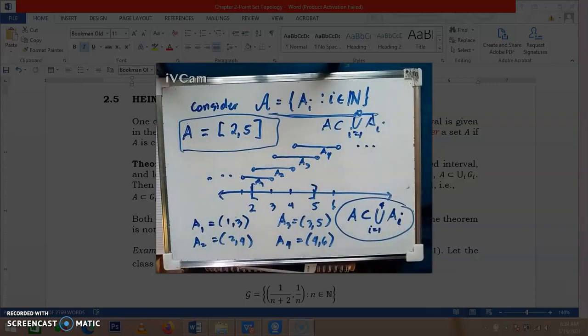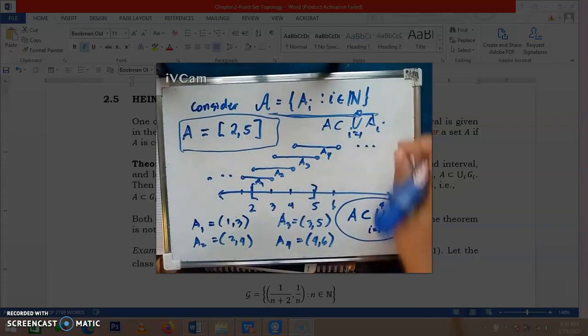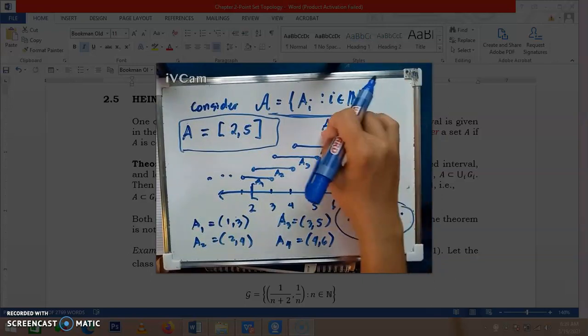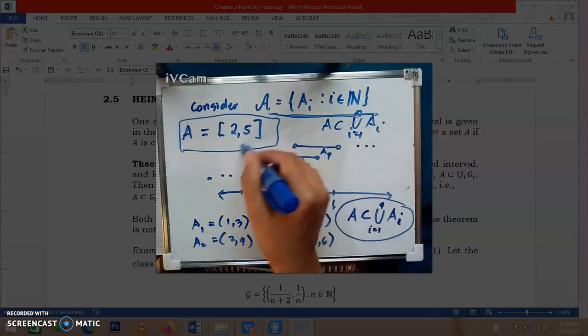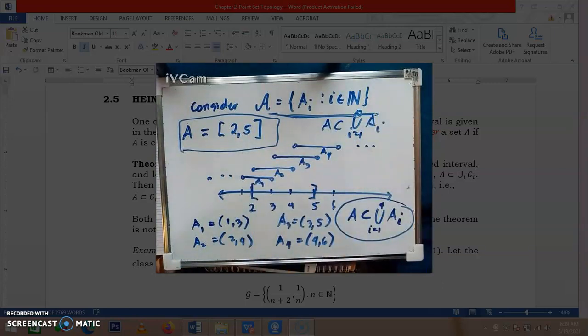Infinite na siya, open covers. So this class of sets covers the set A. Then we can get the finite subclass as this in our example. This is our finite subclass that covers, of course, the set A.